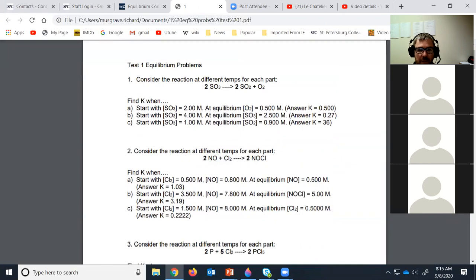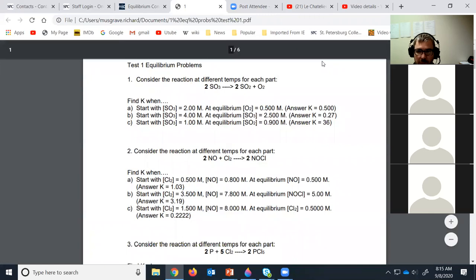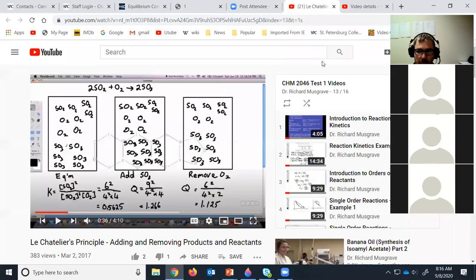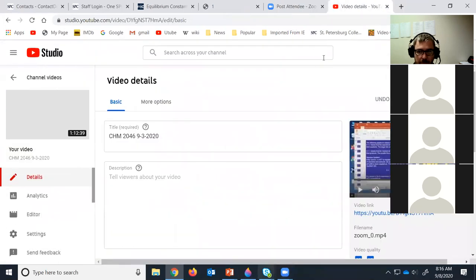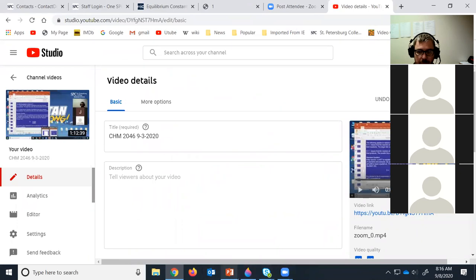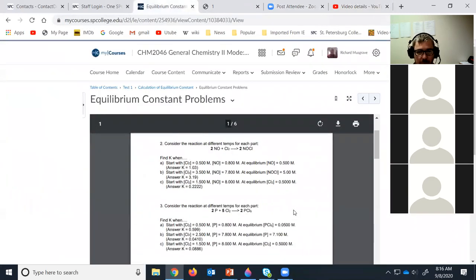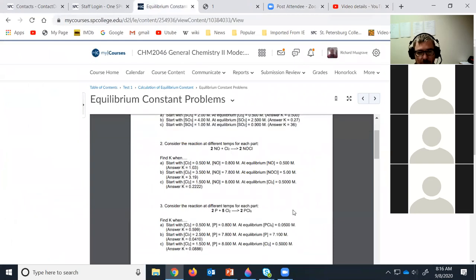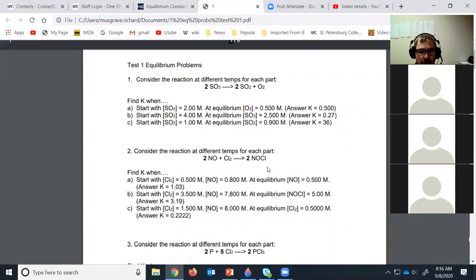So these are similar kinds of problems to the ones we've just been doing, but I want to show you another example where you're given the equilibrium concentration of a reactant, because that's a little bit different to what we just did.